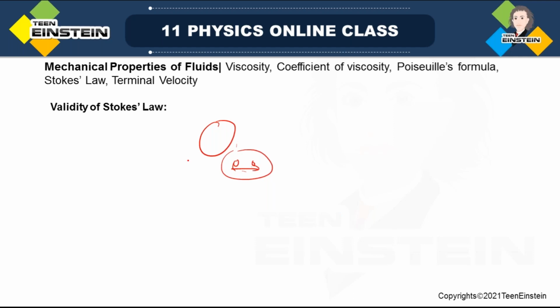That's why this sphere will see a uniform or homogeneous medium, or continuous medium, for such a body. So these are the assumptions, the limitations, where we can use Stokes law.